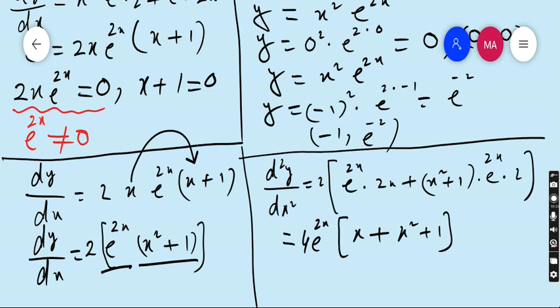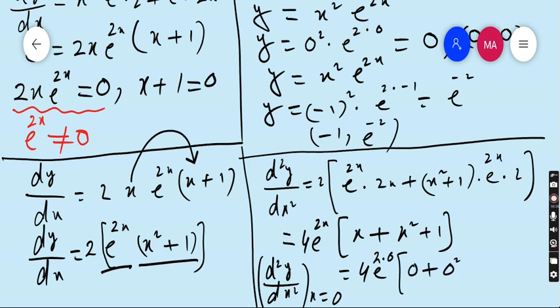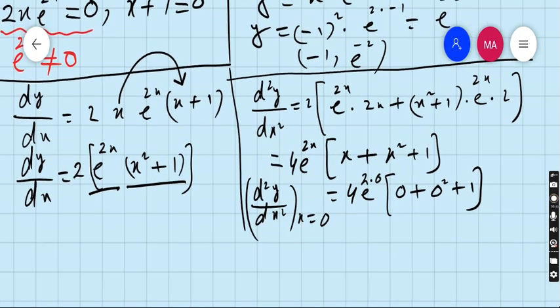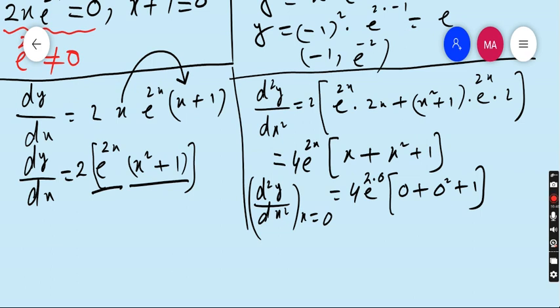Now check the nature. Our first stationary point is 0, 0. So d square y by dx square at x is equal to 0 is 4 e power 2 multiplied by 0, then 0 plus 0 square plus 1. Four e power 2 into 0 is e power 0. 0 plus 0 plus 1 is 1.